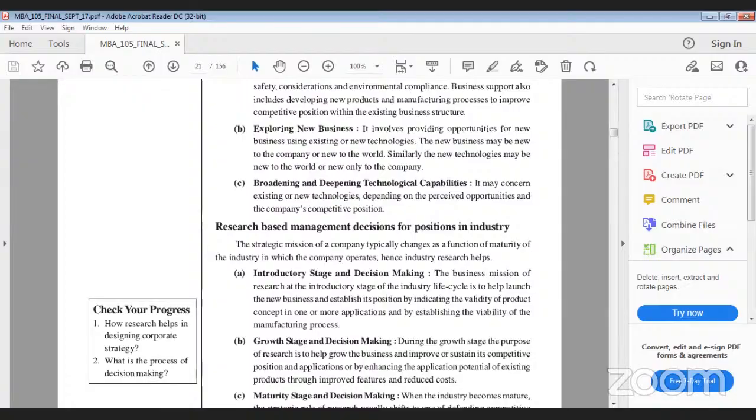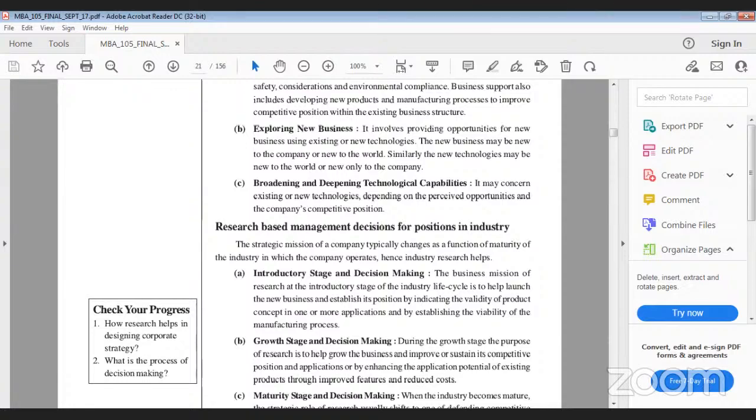Research-based management decisions for positions in the industry stage. Early stage and decision making: the business mission of the research at the early stage of the industry life cycle is to help launch the new business and establish its position by indicating the validity of the product concept in one or more applications and by explaining the validity of the manufacturing process.